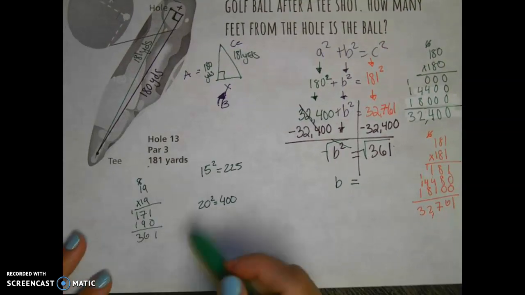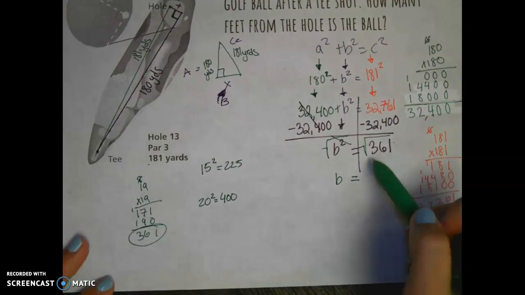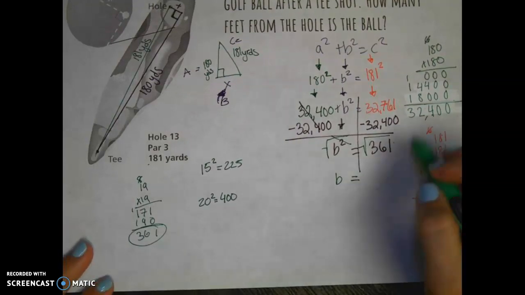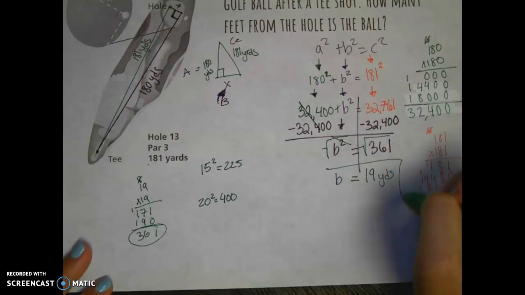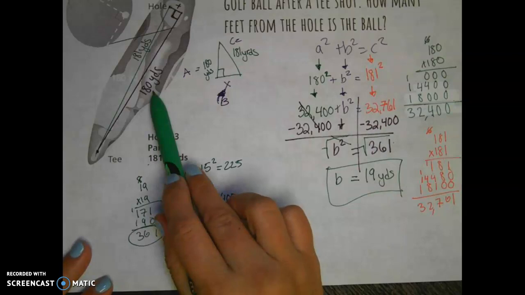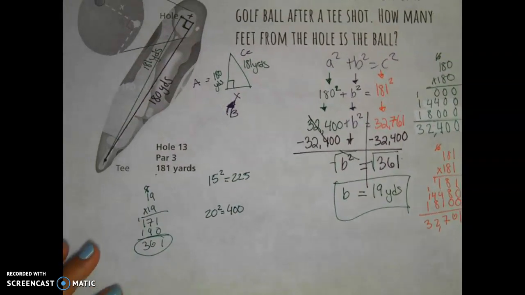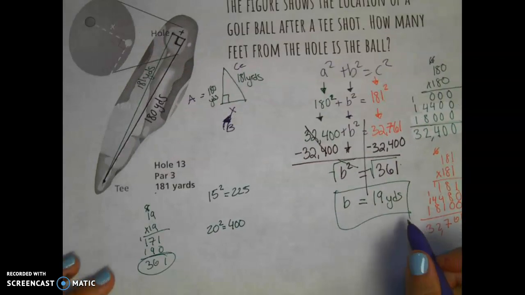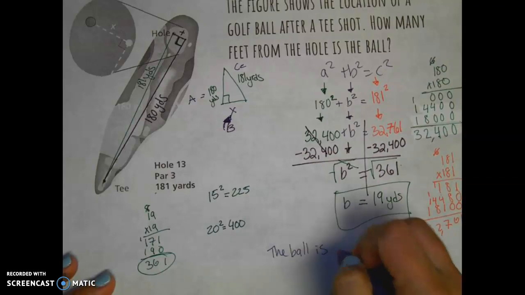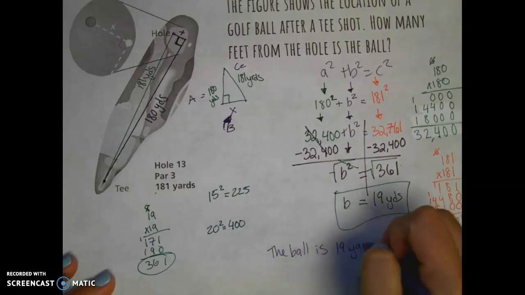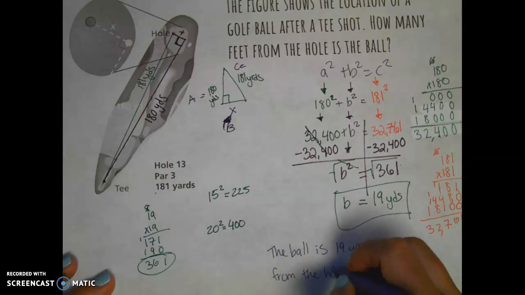I did 19 times 19, and you should have gotten 361. So this means the square root of 361 is 19 yards. Because remember, we're dealing with yards here as my measurement. So you can say, the ball is 19 yards from the hole.